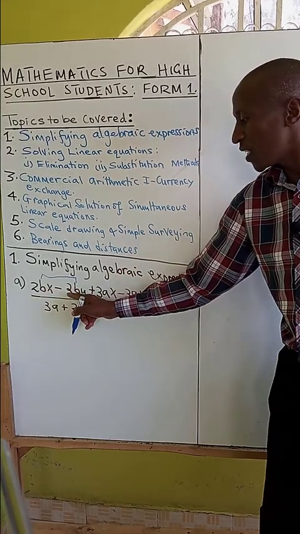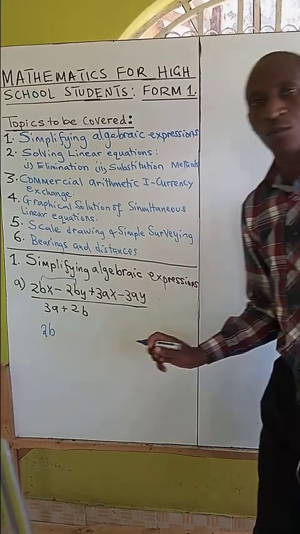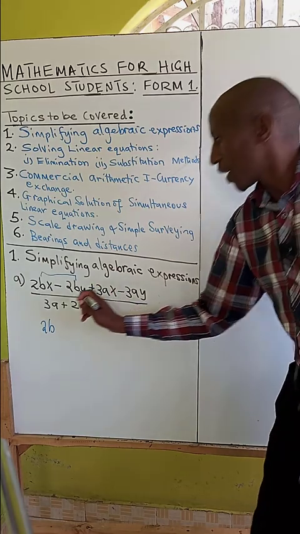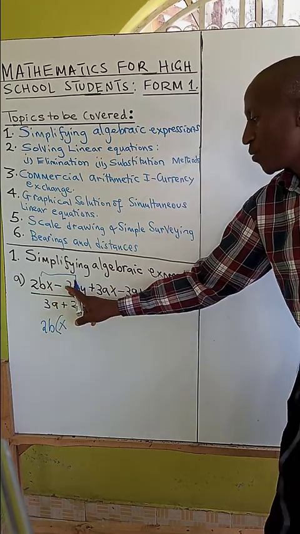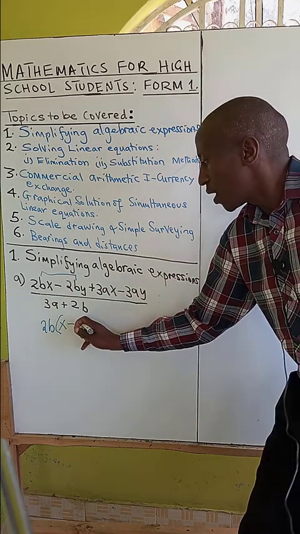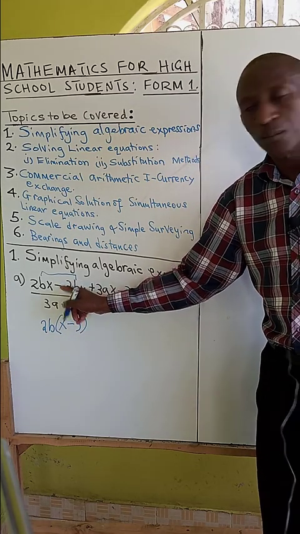In 2bx and in 2by, you realize that 2b is common. So we factorize 2b out, and that leaves us with x in the first term. When we remove 2b out of the second expression, we are left with y. We maintain the operation minus.